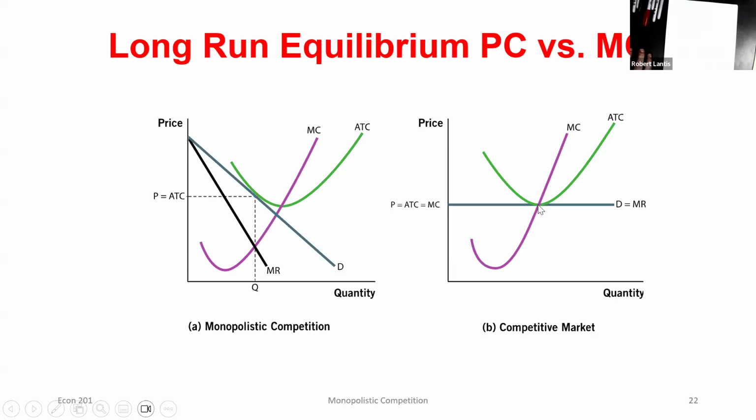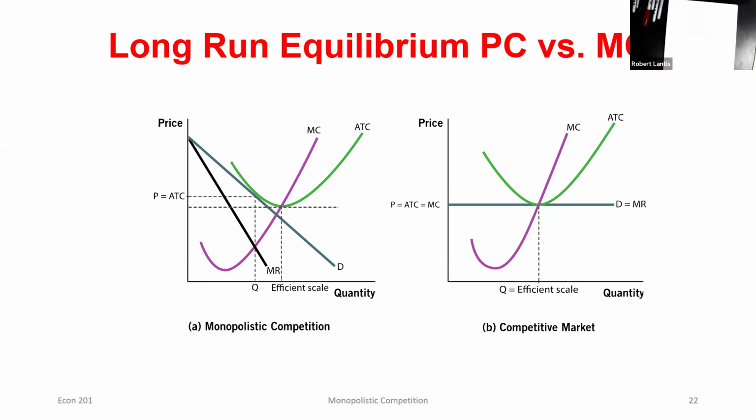And so this is where price is equal to average total cost, profits are equal to zero. Now over here for the monopolistically competitive market, they're still setting a price where it's equal to the average total cost. I tried to have these drawn close. So profits are still zero, but notice they're not at the minimum point of their average total cost curve. So the quantity we see them choose relative to this efficient scale, or the perfectly competitive quantity, is going to be a little bit lower.